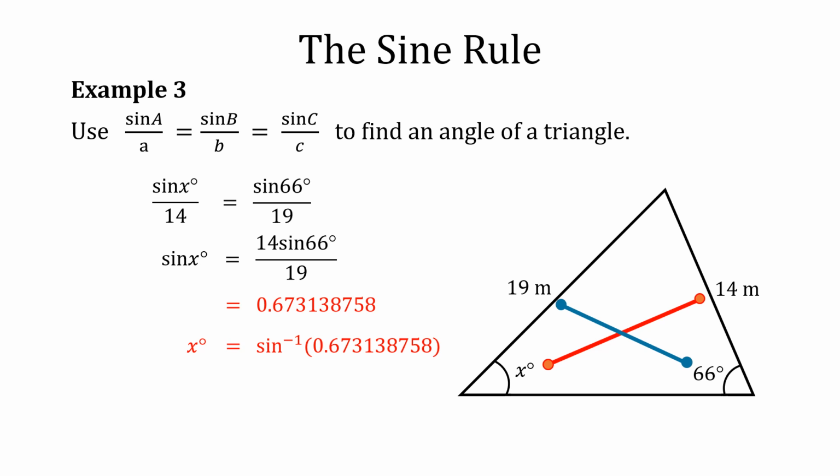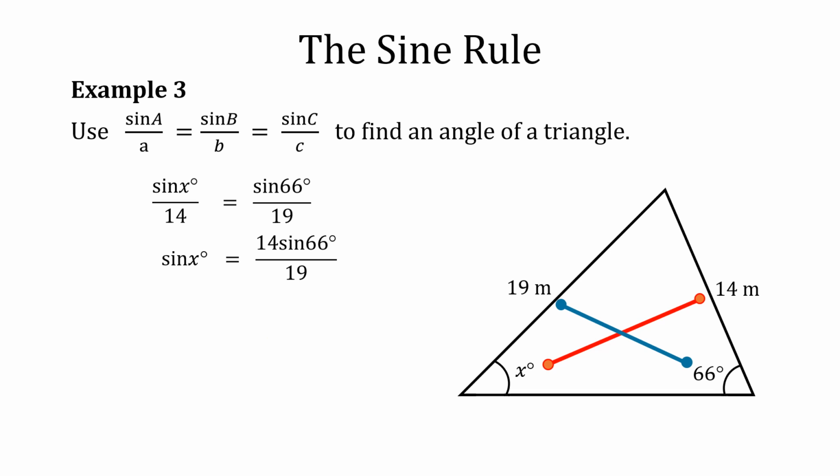Now, these two lines are written in red to indicate that you have the option to skip those and actually just use the calculator to work out the sine inverse and only present the final answer, x equals 42.3. And because x represents an angle, we give our answer to 1 decimal place.